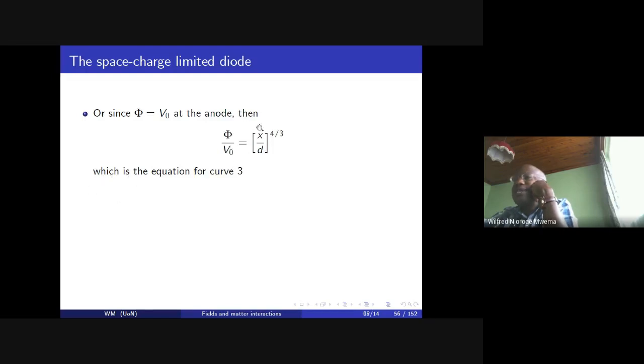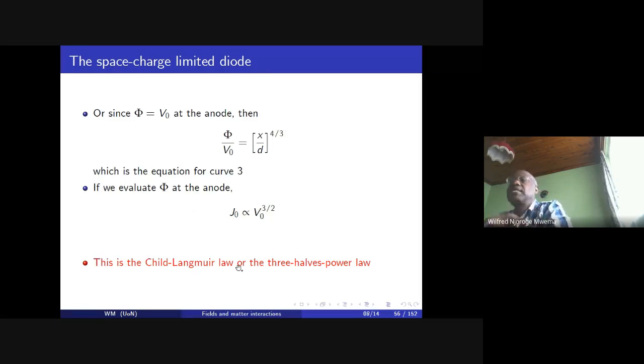And this is the equation of curve 3. If we evaluate phi at the anode, we'll see that J will be proportional to V naught raised to 3/2. And this equation is called the Child-Langmuir law, or the 3/2 power law.